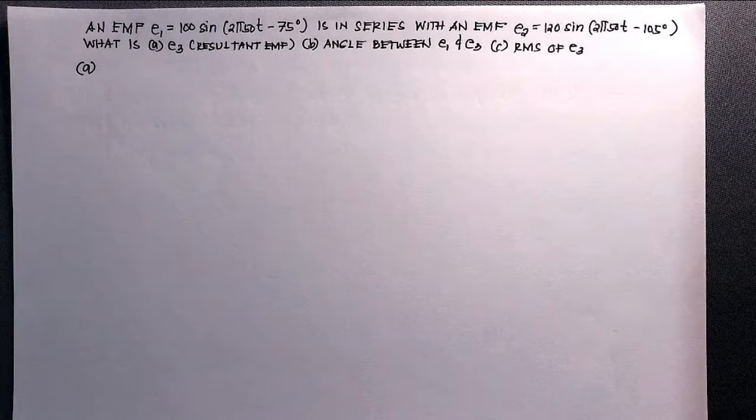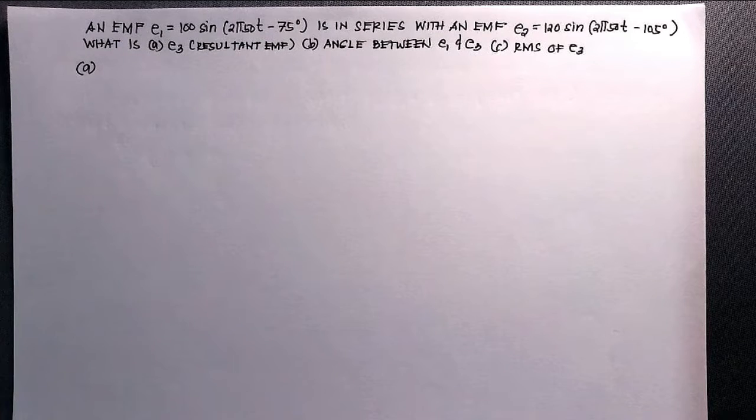So what is the resultant EMF, or E sub 3? For letter B, what is the angle between E sub 1 and E sub 3? For letter C, what is the RMS of E sub 3, or the resultant EMF?